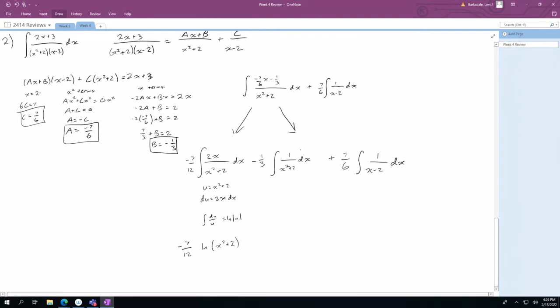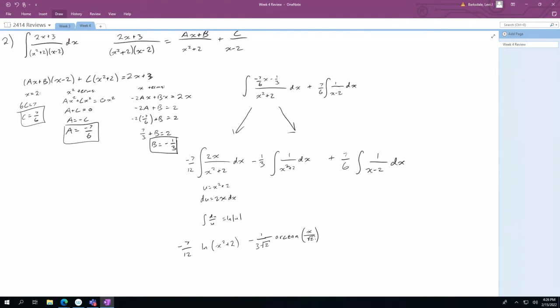So that's going to become -1 over 3 square root 2 arctangent of x over the square root 2. Because in this case, a squared is 2, so a is root 2.